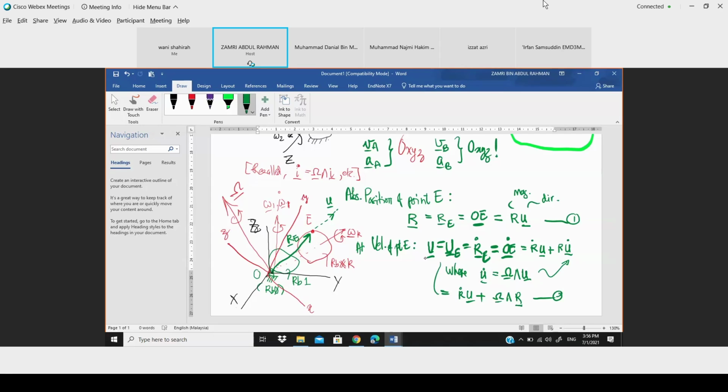Now the next one would be the absolute acceleration of point E. I need some space, so can I erase equation 1? Or I open the next page. Yeah, I open the next page.